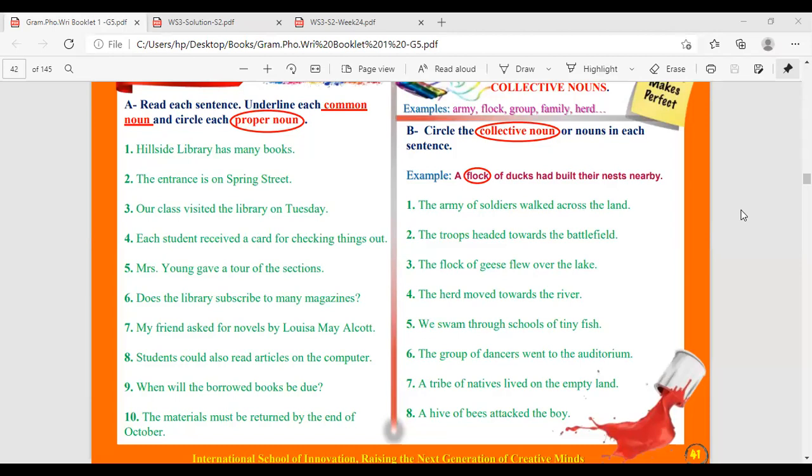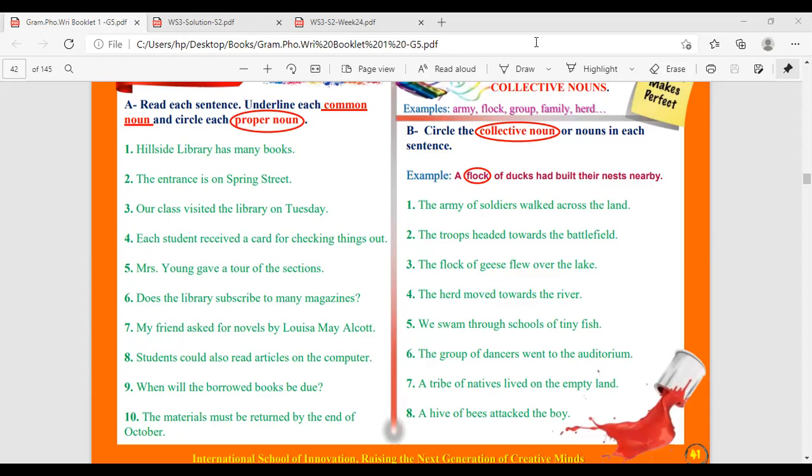The proper noun is something we're talking about, like my school. School, is it common or proper? Common, it's not specific. Yes, but I want to make it specific. ISI school is a proper noun, so now it's specific.